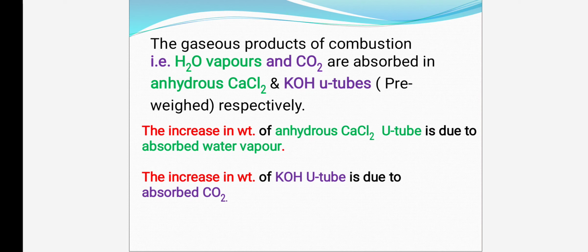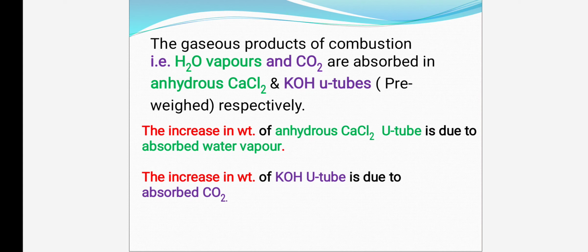So due to absorption of CO2 and H2O in U-tubes, the U-tubes' weight increases. Simple example: if we take a dry cotton plug, you just imagine its weight is less. But when we dip that cotton plug in the water, cotton absorbs the water and weight of the cotton plug increases. Likewise, initial weight of U-tubes is less, and after the experiment you will find that weight of U-tubes increases.